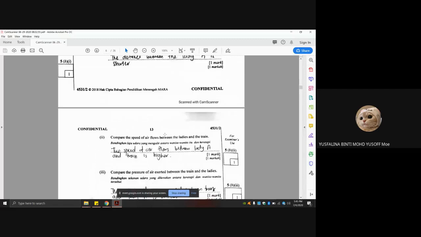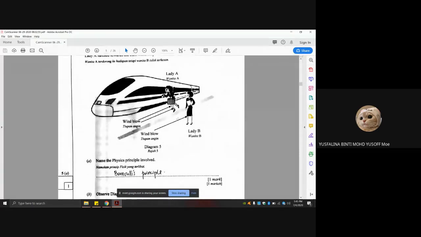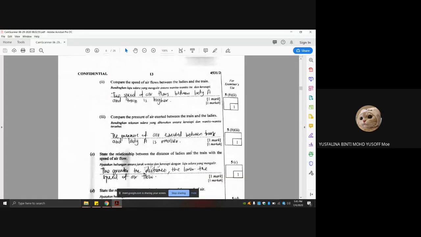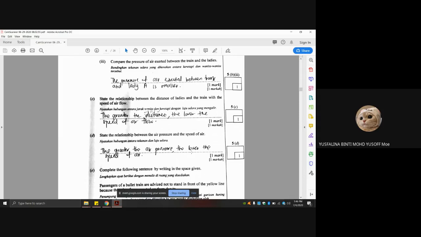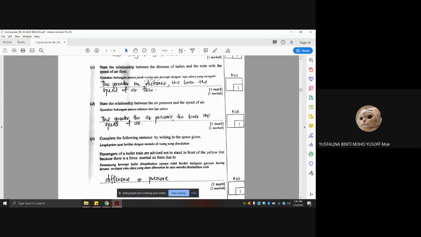So the speed here is low compared to lady A. Next question, state the relationship between air pressure and the speed of air. The answer is, the greater the air pressure, the lower the speed of air. This is Bernoulli.